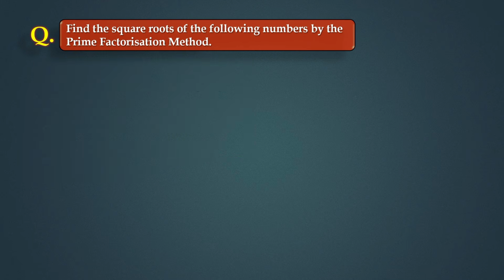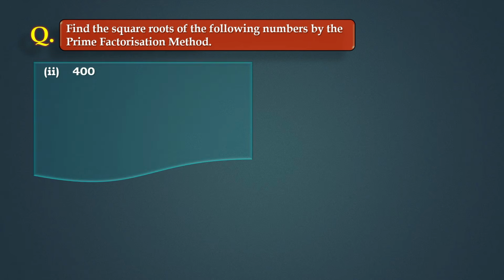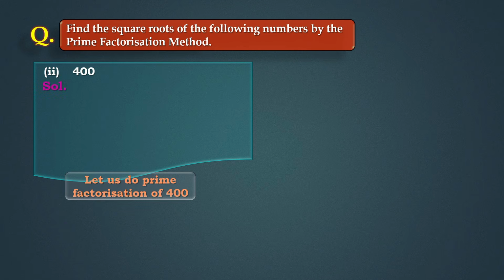Now students, let us solve another example using the prime factorization method. We are given the number 400. First, we will find the prime factors of 400.